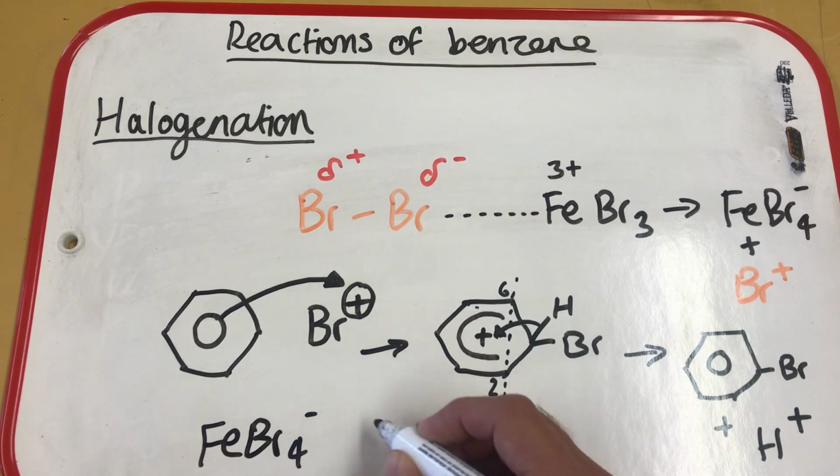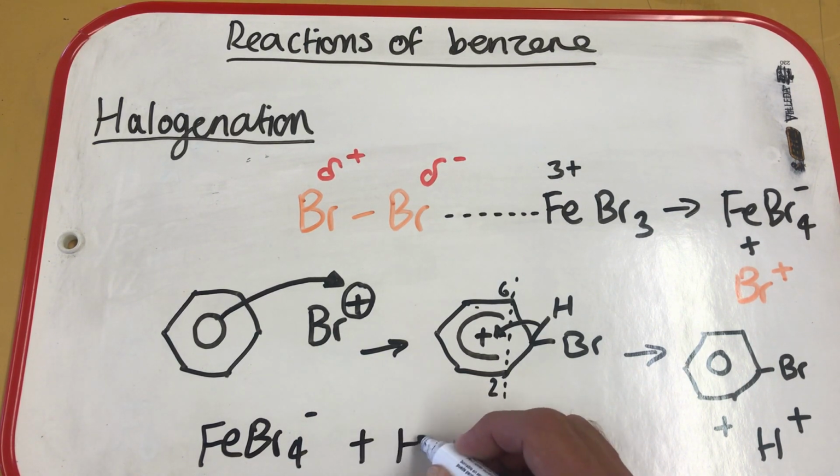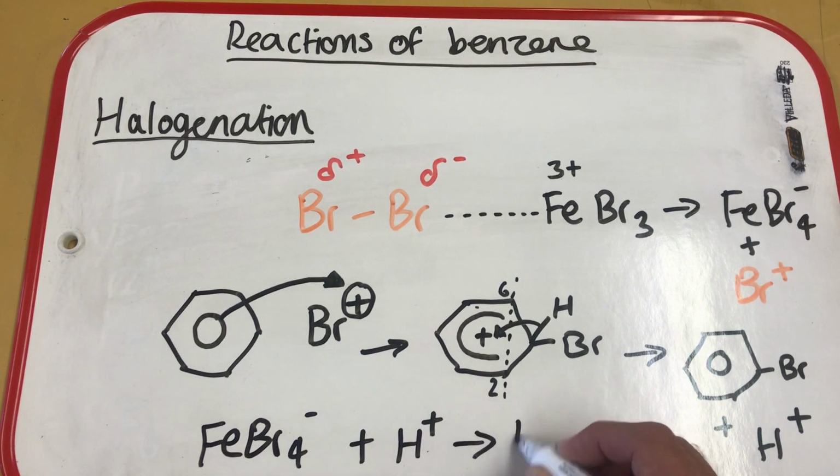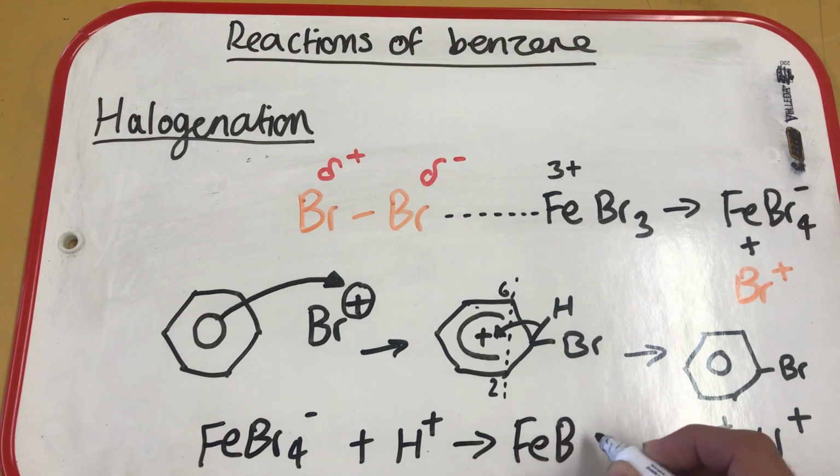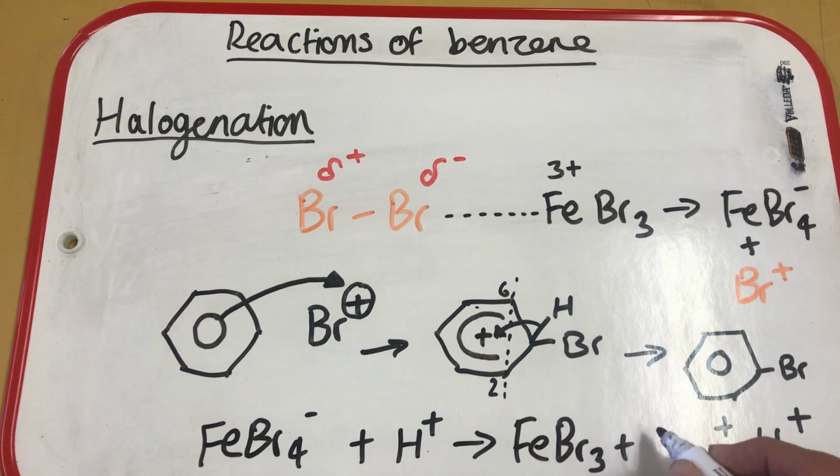FeBr4- reacts with the proton to reform the catalyst, and the other product of the reaction, which is HBr. Now, I'll clean this up and we'll have a look at the overall reaction for this particular halogenation.